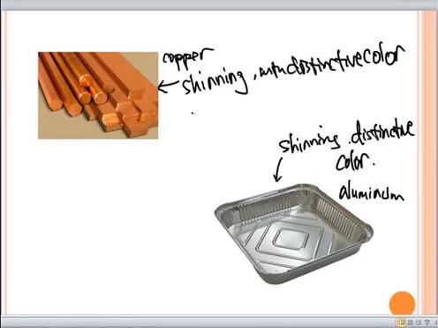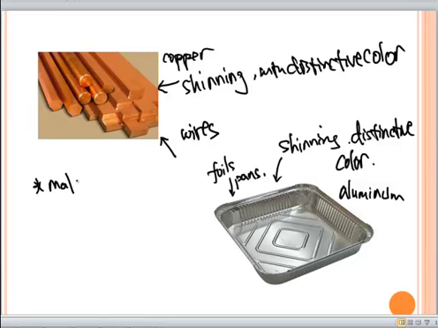And also a lot of them are malleable. Copper, you can draw into wires, and this is very important. All the electrical wires in your house and a lot of transmission lines are made of copper. This is aluminum pins, aluminum foils. You can pull or draw or mold it into shapes, so they are quite malleable.